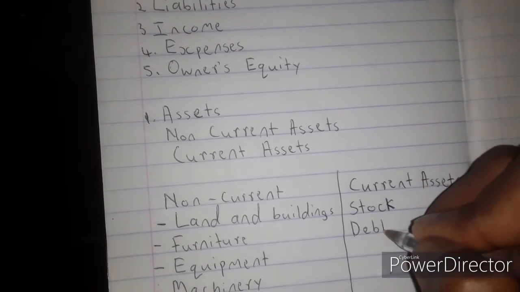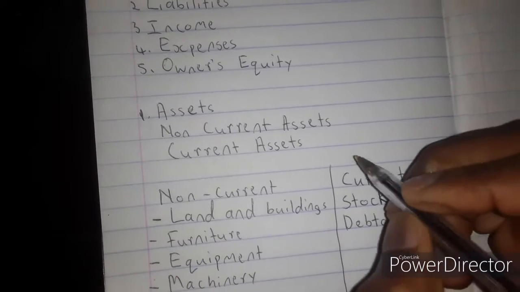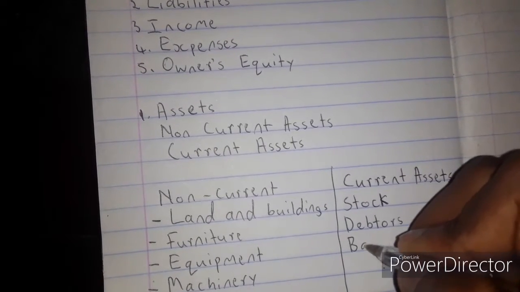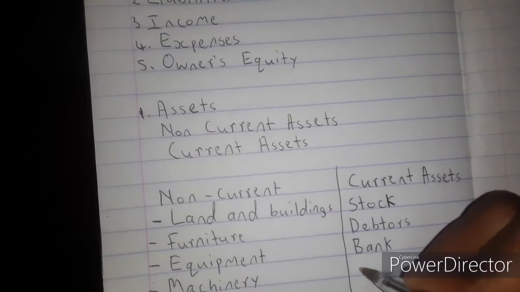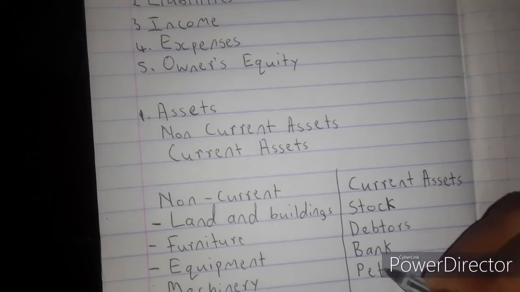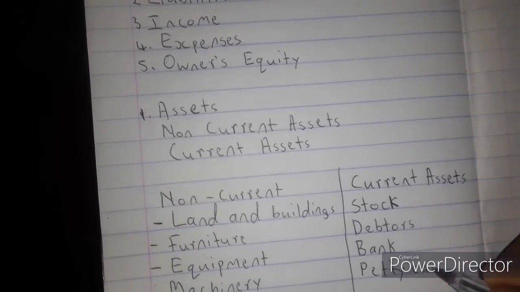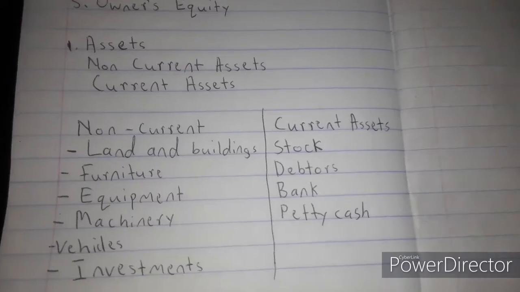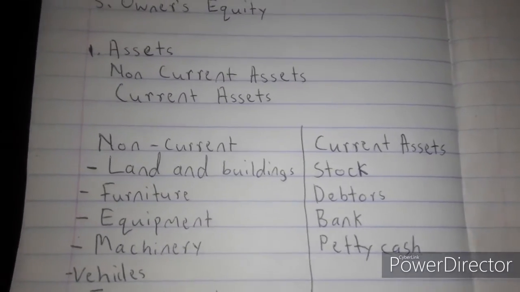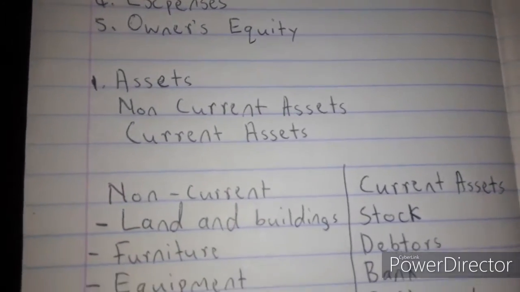Debtors, bank, and petty cash. So these are non-current assets and the current assets.